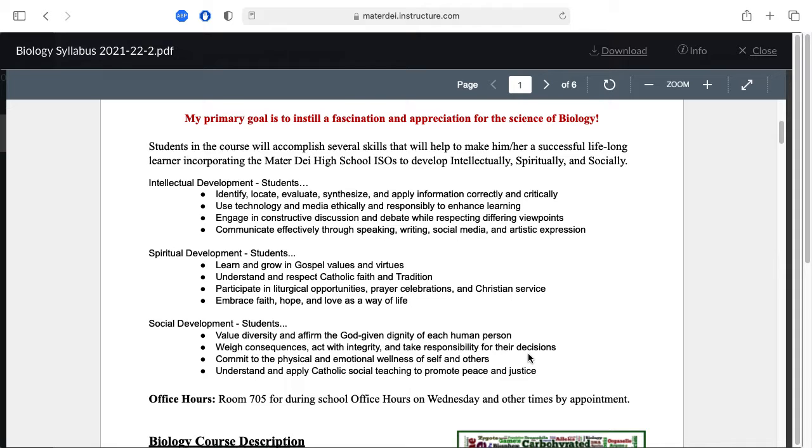We've redone the expected student outcomes, and they're posted in every classroom as a poster. It's over there, and I summarized it right here. So here at Mater Dei, you're going to develop intellectually, spiritually, and socially. Our class is going to touch upon a lot of these.